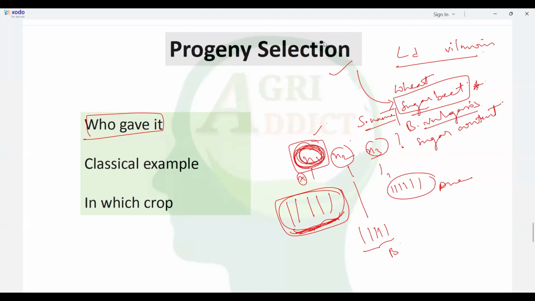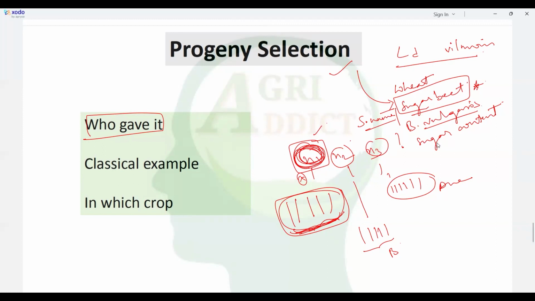Understood? Yes, sir. Very simple. It is just like understanding the genetic worth of the parent through the developed progenies. This is what your progeny test is. Okay. So one main reason why he has done this progeny selection in sugar beet is to improve the sugar content.